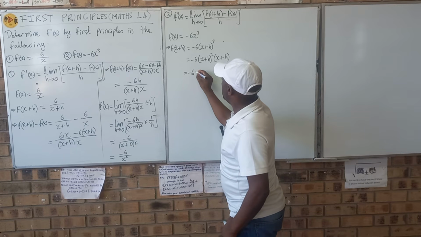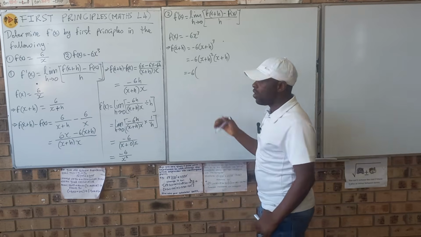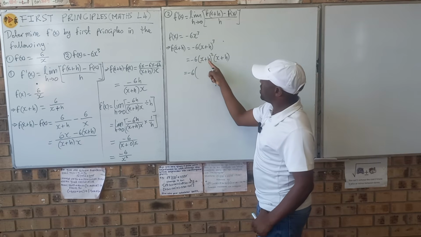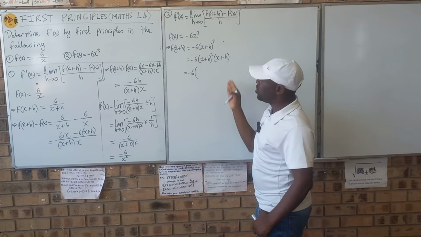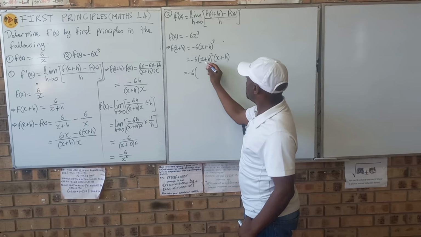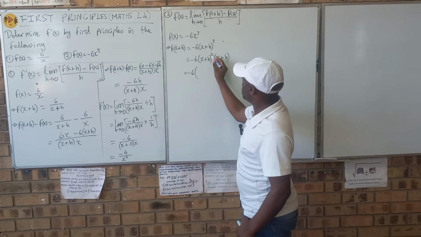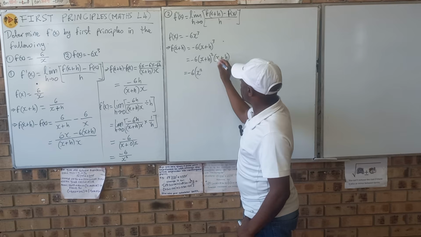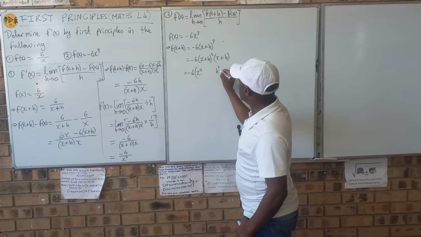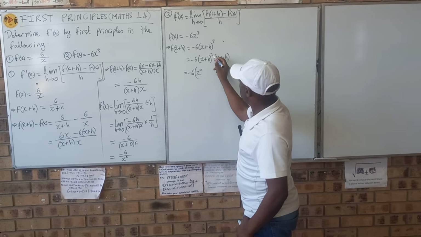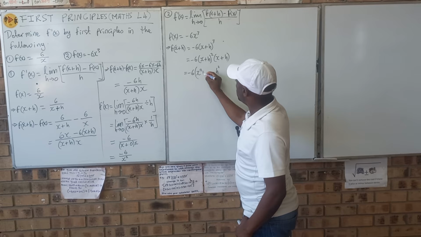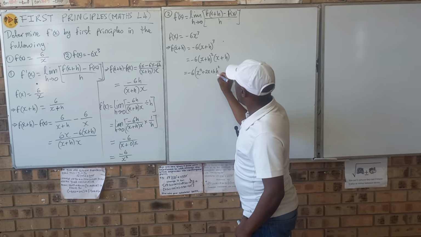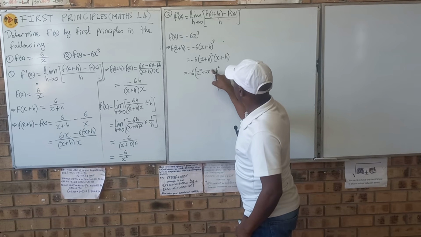I've shown my level 4 students before how fast you can do this expansion without writing too much. If you are doing this expansion, you can just take x, you square it, it gives you x squared. You take h, you square it, it will give you h squared. Then in the middle, you take 2 times x times h. As long as the power there is 2, this will always work out for you.